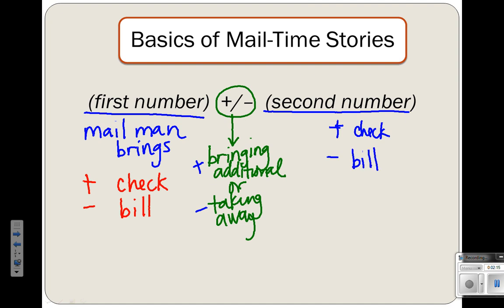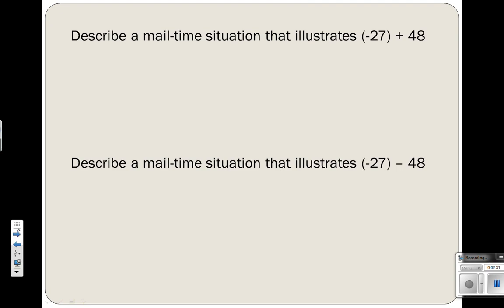So when you're looking at these mail time stories, I just want you to keep in mind that you're looking at three separate parts. And if you can keep the parts separated in your mind and what they refer to, then it's going to be easier to go through and write the story. Okay, so let's take a look at an example. It says, describe a mail time situation that illustrates negative 27 plus 48. Okay, so again, here's our three parts. The first number is going to tell me what he brings.